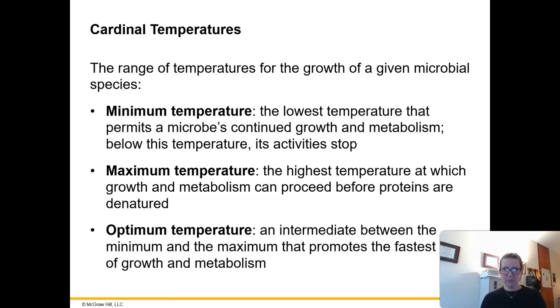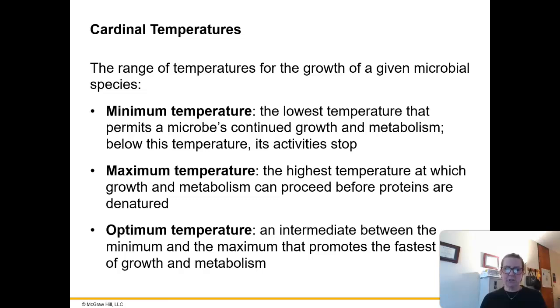The maximum temperature is the highest temperature at which growth and metabolism can proceed before proteins are denatured. If we heat up proteins, they're going to be denatured, which means we've lost the ability of some of those enzymes to do their critical job.